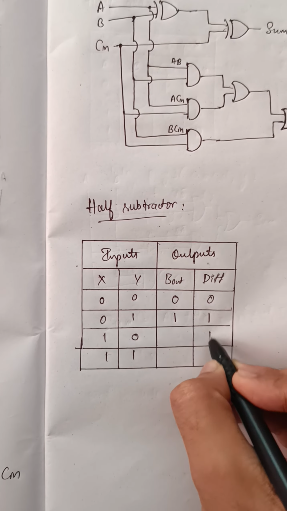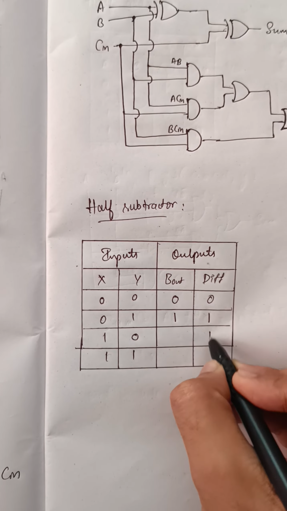And in the third, difference is 1 and borrow out is also 1. Here the difference is 0 and the borrow out is 1, and here the difference is 1 and borrow out is 0. Here the difference is 0 and borrow out is also 0. Here also the same, and in the last difference is 1 and borrow out is 1.